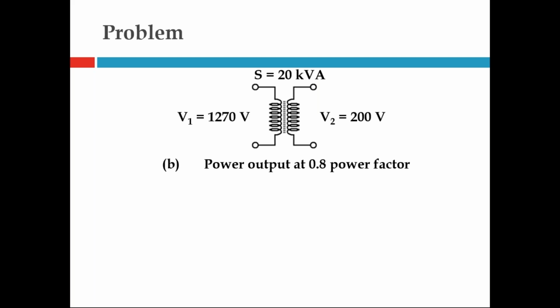Use the same formula, P equals VI cos phi, and here VA is nothing but S, that is 20 kVA, 20 into 1000, and 0.8.